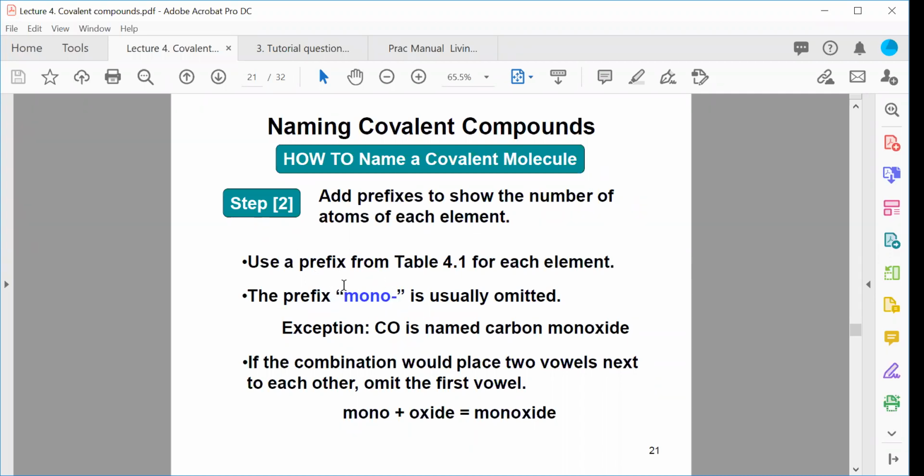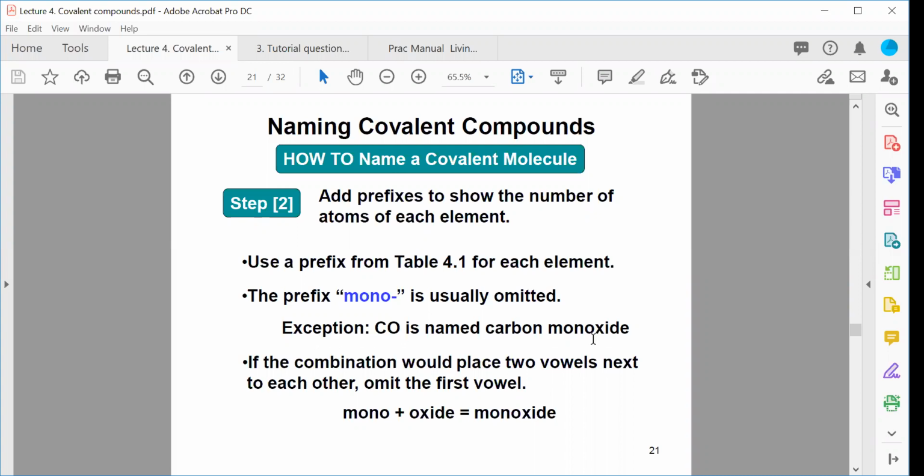Now, this prefix mono, of course, meaning 1, is usually omitted. We don't normally use that prefix, but there are exceptions, as always. Here's a classic exception, CO. We don't say carbon oxide, so we don't omit that mono. We do include it, carbon monoxide.